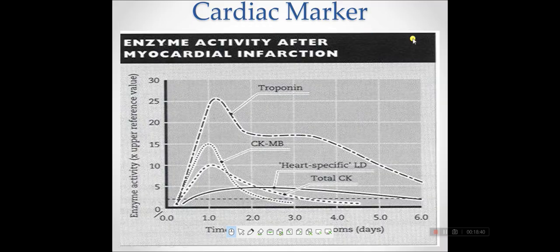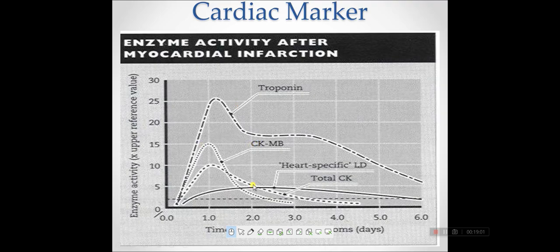Right, so this is the graph showing the enzyme activity after the myocardial infarction. The time is given on the x-axis and enzyme activity on the y-axis. Here you can see in the first hour troponin levels are high, CK-MB levels are high, along with LD and the total CK.